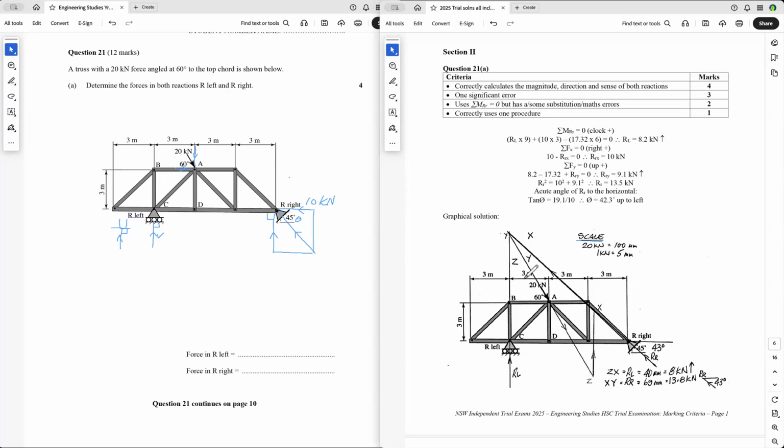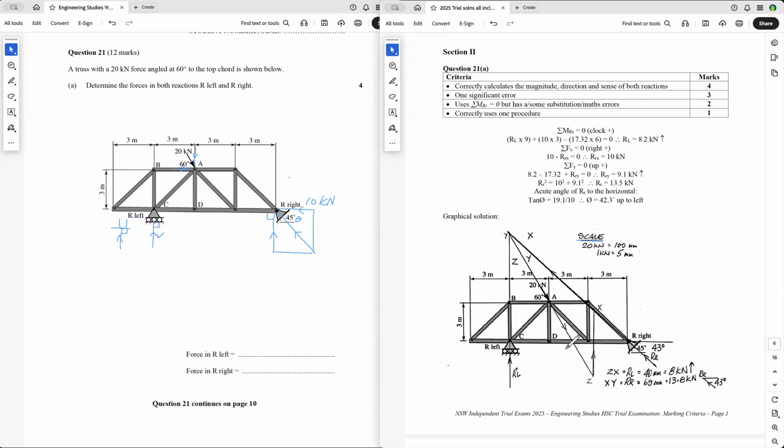Then you go read it clockwise, and the next force you come to is ZX. And ZX goes vertically up, and we don't know how far it goes, but we know that it will end at that other force there. And so this force here is ZX, and the last force is XY, and it's got to go through Y, and so it's just that force there.